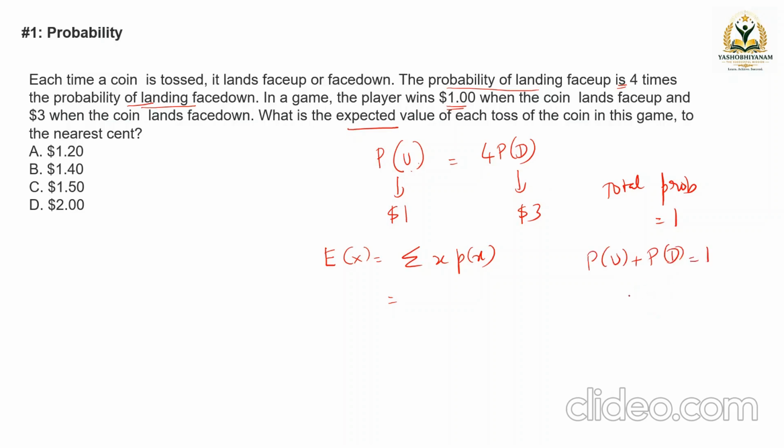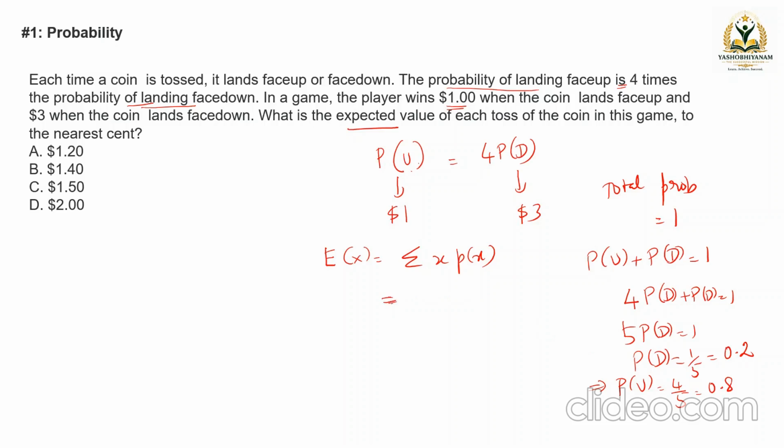So 4 times P of D plus P of D is equal to 1. So 5 P of D is equal to 1, or P of D is equal to 1 over 5. I could take it as 0.2 or leave it as 1 over 5. This means my P of U is 4 times P of D, that is 4/5, which is 0.8.